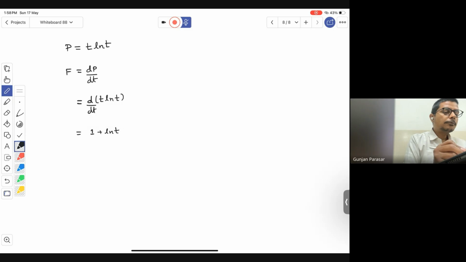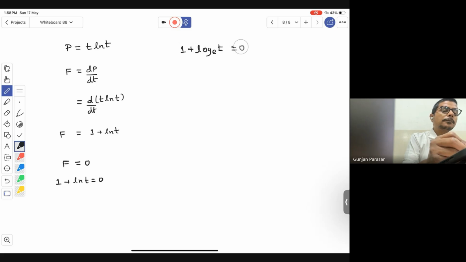They're asking for what value of t F is equal to 0. So I will equate F to 0. What I get is 1 plus ln t equals 0. Ln t means log having base e, no? So 1 plus log base e of t is equal to 0. So log base e of t is equal to minus 1.